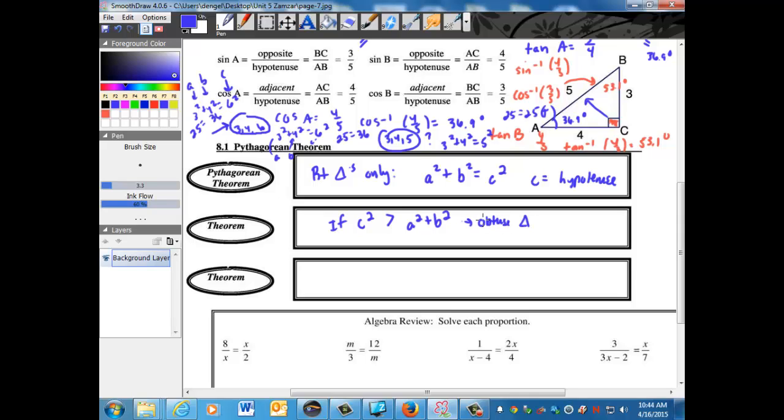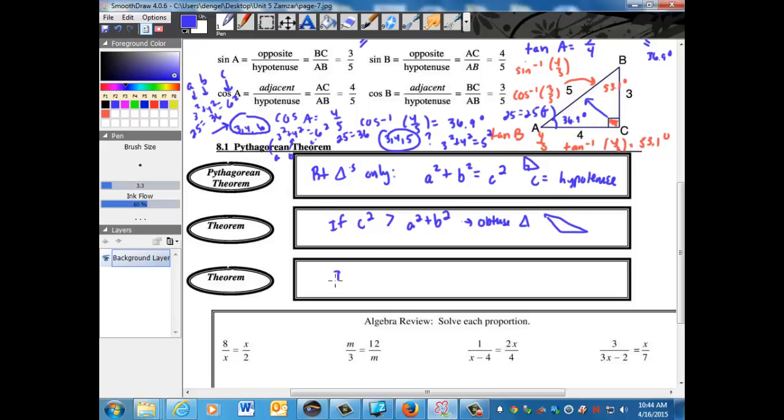Okay, and so that will happen when we apply a squared plus b squared is equal to c squared, and they're not equal, and c squared is greater than a squared plus b squared, then we know we have an obtuse triangle, and so that would be a case of a triangle that looks like this. And that should make sense, because remember that a right triangle is always going to have a 90-degree angle. Okay, and so clearly this does not have that.